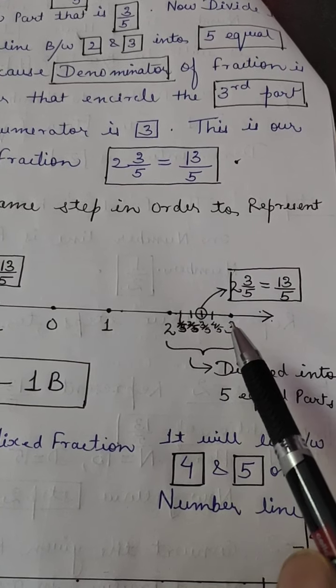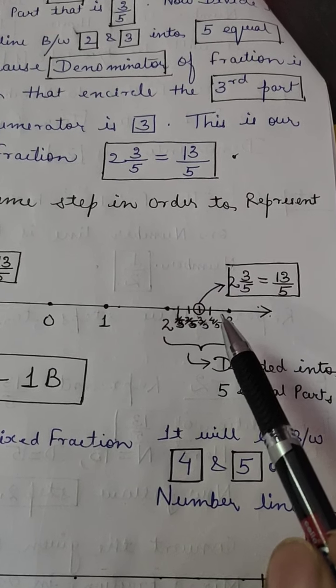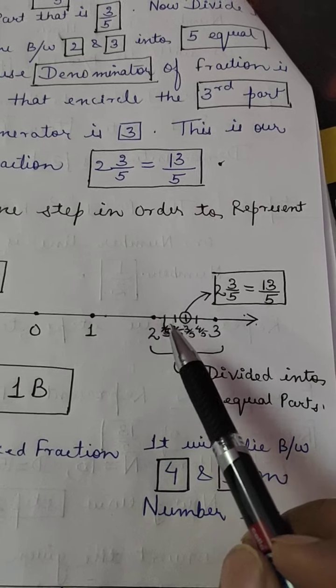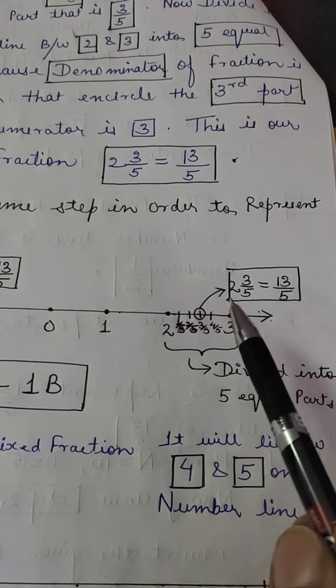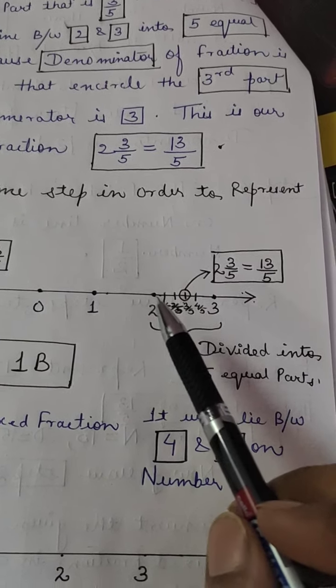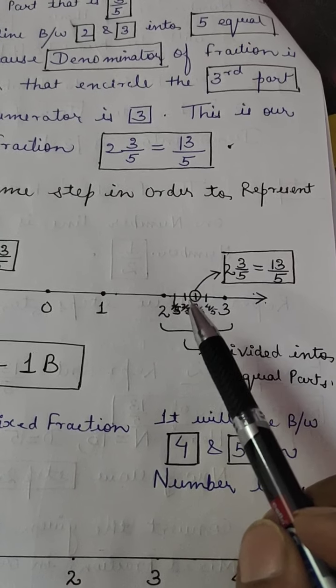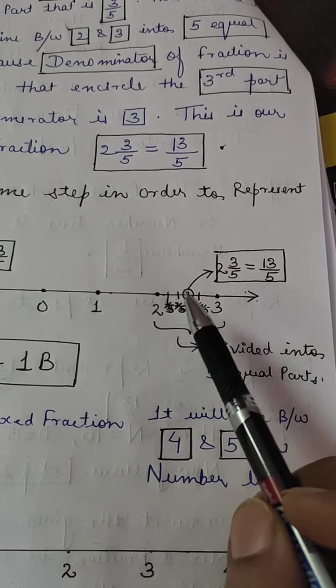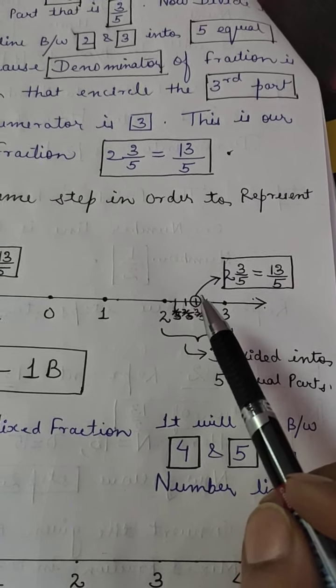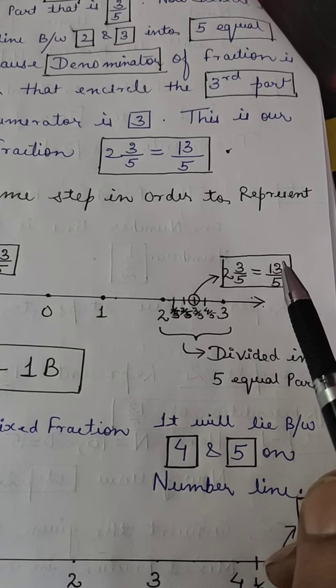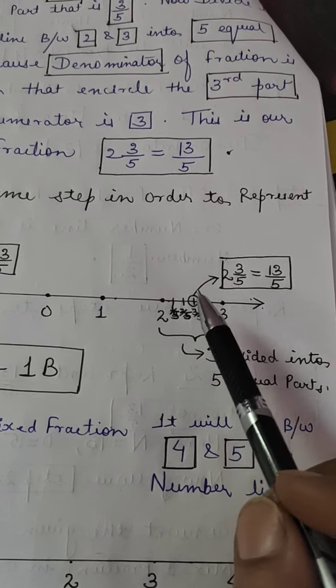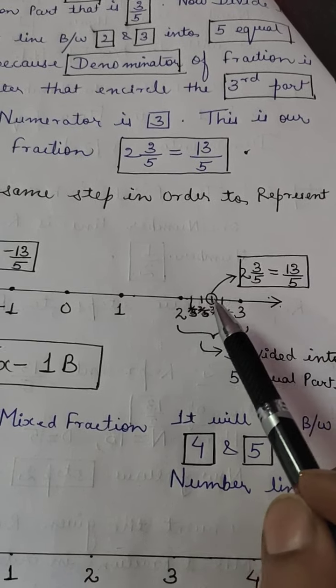The number line between 2 and 3 is divided into 5 equal parts. And then from the left hand side we have to count 3 because numerator is 3. लेफ्ट साइड से हमने कितना काउंट करना है? 3. जो थर्ड पार्ट होगा वो आपका क्या देगा? दैट विल गिव द रिप्रेजेंटेशन ऑफ रैशनल नंबर 13 by 5. ओके, इसलिए थर्ड पार्ट को हमने इनसर्किल किया है.